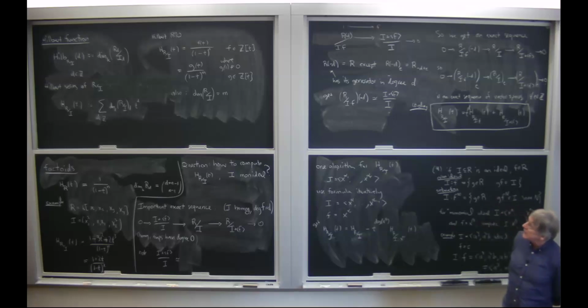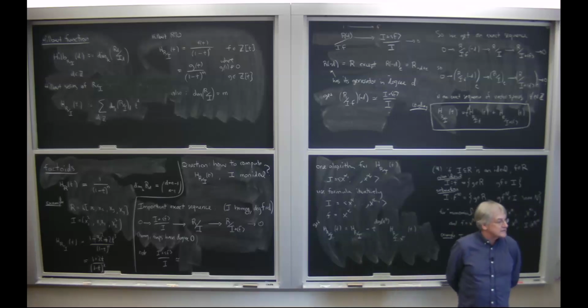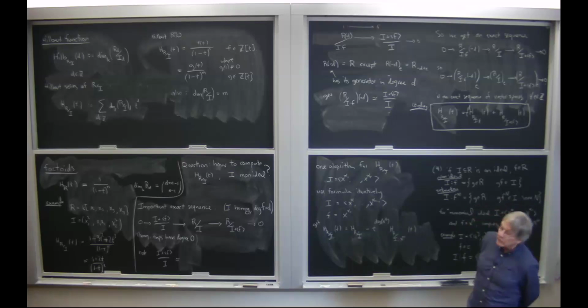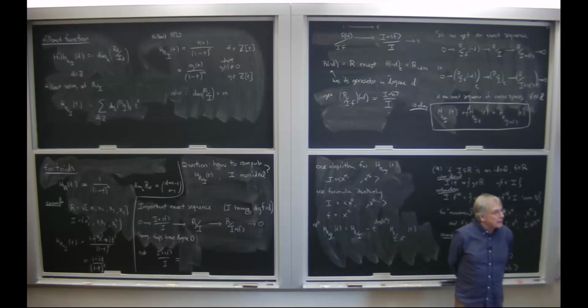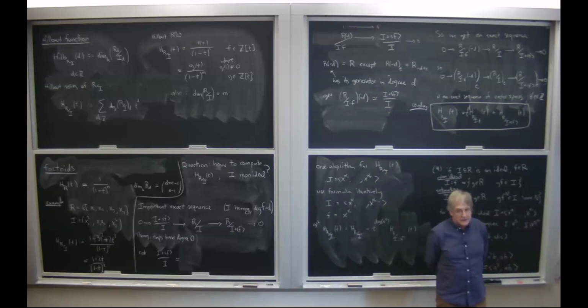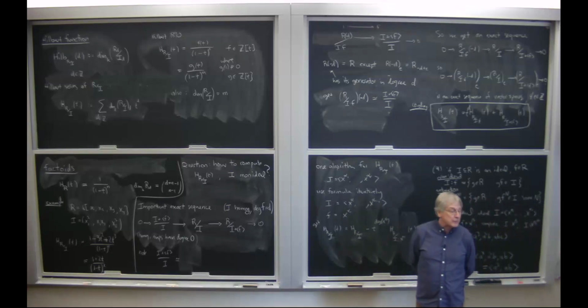Depends what you're trying to compute. What you won't get is anything like these results here, because that will not tell you the dimension in this setting. Thank you. There is the Hilbert-Samuel polynomial, which is maybe what you're thinking of, and that is something that we will discuss at some point.